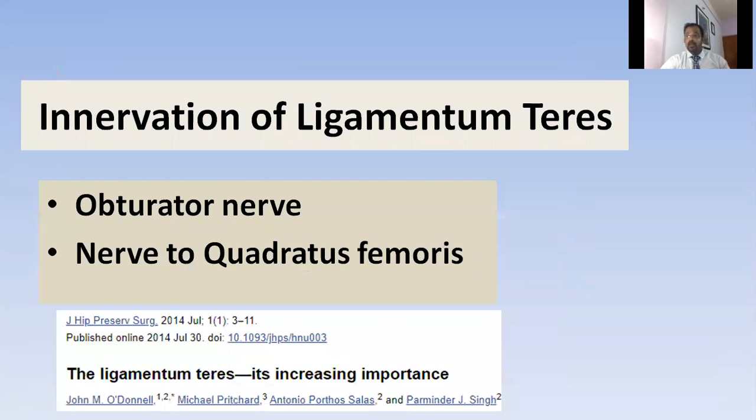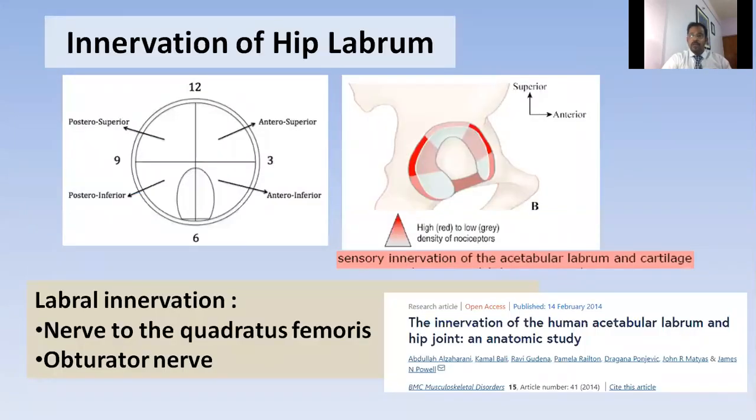Now coming to the rest of the structures, we have covered the innervation of the capsule. Now the innervation of ligamentum teres, which has nociceptors mainly in the central part, is from the obturator nerve and nerve to quadratus femoris. Innervation of the hip labrum: the hip labrum is another portion where nociceptors are present, which contribute to the pain following a hip surgery.